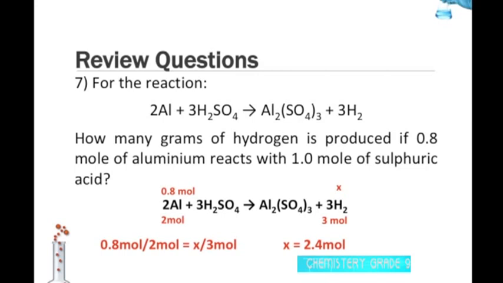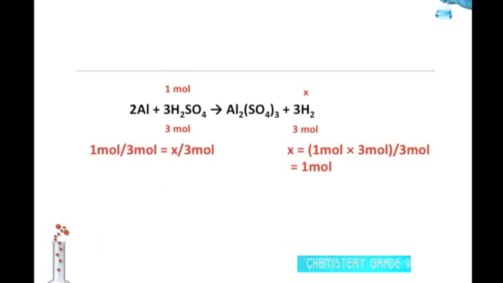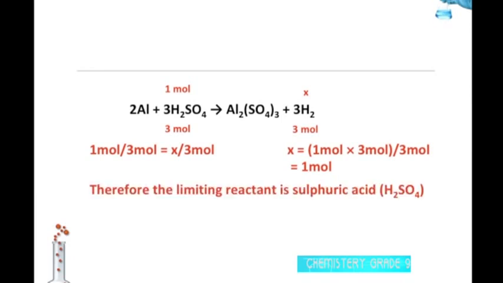X equals 2.4 moles. If we use the other reactant, we see that the amount of hydrogen is 1 mole. Therefore, the limiting reactant is sulfuric acid. The mass of hydrogen created is 2 grams.